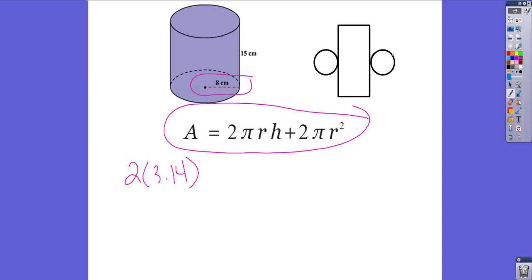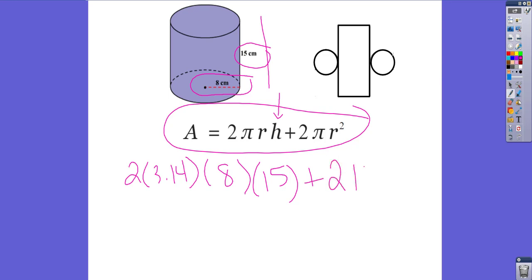This right here I know is my radius because it's only halfway across the circle. And then this height is talking about the height of my cylinder, which is this piece right here. And then I would have 2 again times pi, which was 3.14. So let me actually fill that in there, sorry.